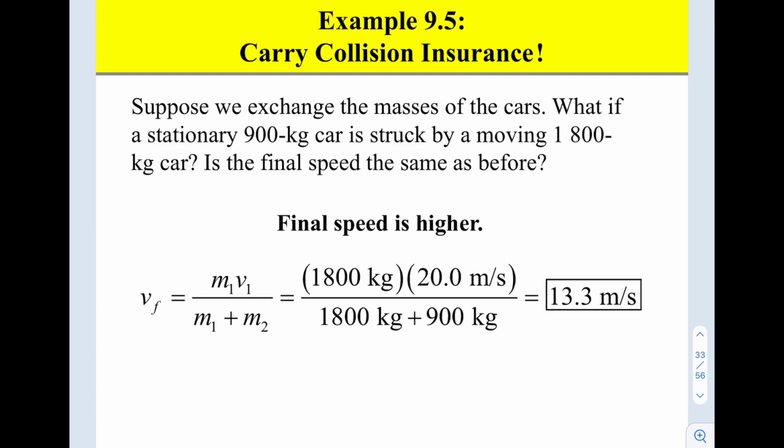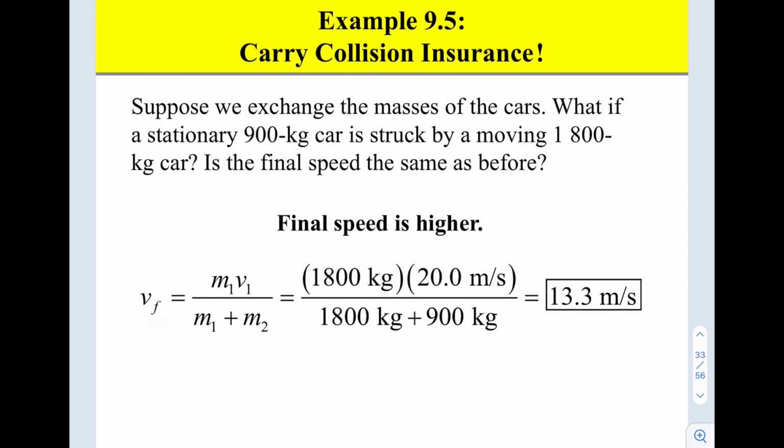Suppose we exchange the mass of the cars. Let's swap the mass. What if a stationary 900 kilogram car is struck by a moving 1800 kilogram car? Is the final speed the same as before? Supposedly the final speed is higher. Let's prove it.